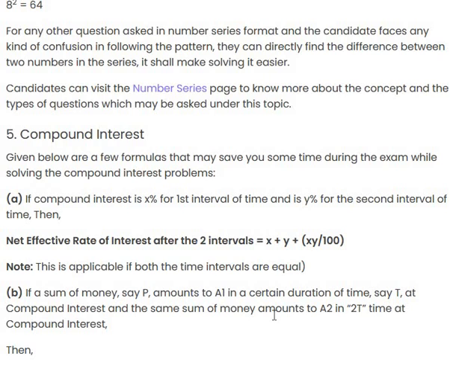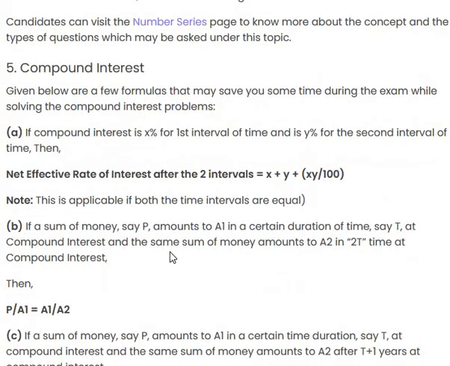A. If compound interest is x% for the first interval of time and y% for the second interval of time, then the net effective rate of interest after the two intervals is equal to x plus y plus within brackets xy divided by 100. Note, this is applicable if both the time intervals are equal.